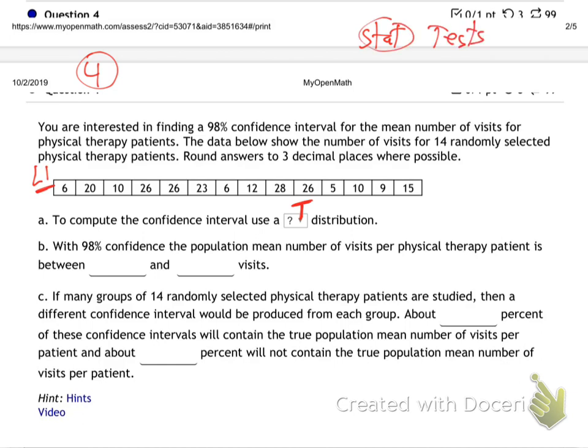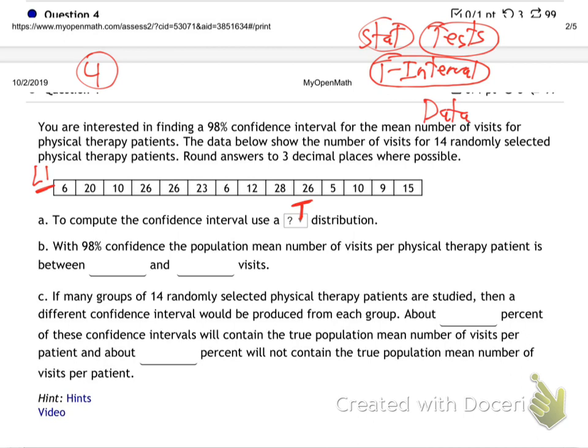Stat, tests, and go down to T interval, and then put in the information. And then you got to choose data again.